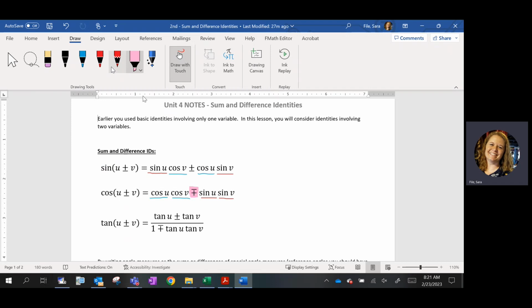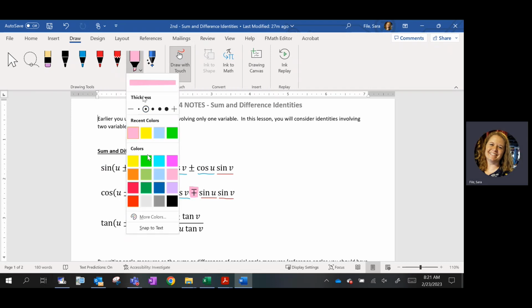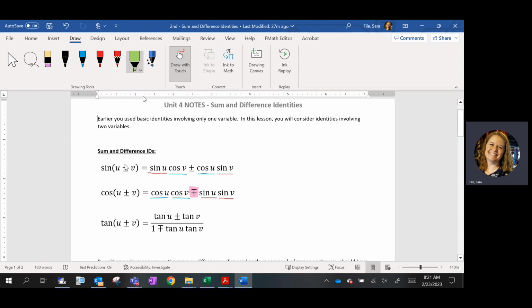Now for tangent, you have both. So let me do the same in green. It stays the same here; here it was opposite. So for tangent, you end up with a product on the bottom of tangent of the two angles, added or subtracted from one, and the sum of the tangent of both angles on top.